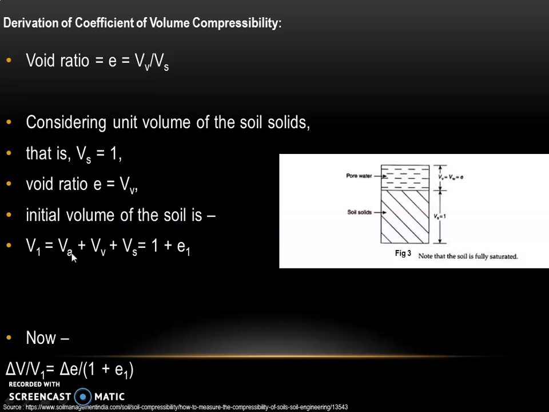Volume of air equal to 0. So V1 will be equal to 1 plus e1, that is initial voids ratio. But change in volume divided by initial volume is equal to change in voids ratio divided by initial voids ratio, that is 1 plus e1.